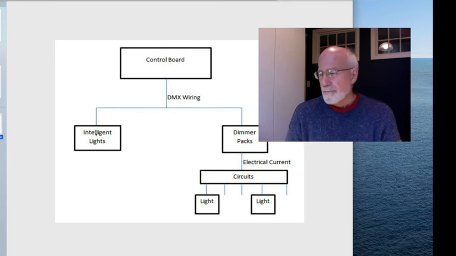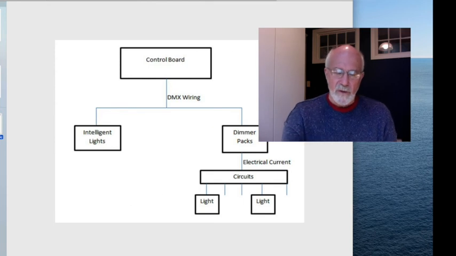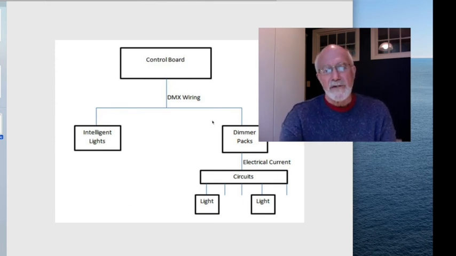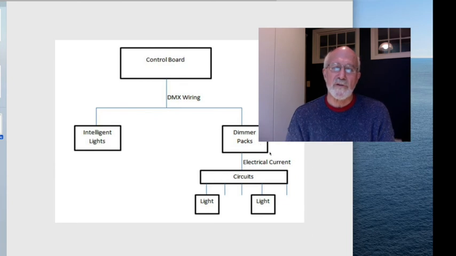And I think I'll just leave for now how that's done, not in the sense of how it's wired, but in the sense of what's actually happening to control intelligent lights, because it runs from the very simple to the incredibly complicated. But this gives you a sense of the control of the total system.